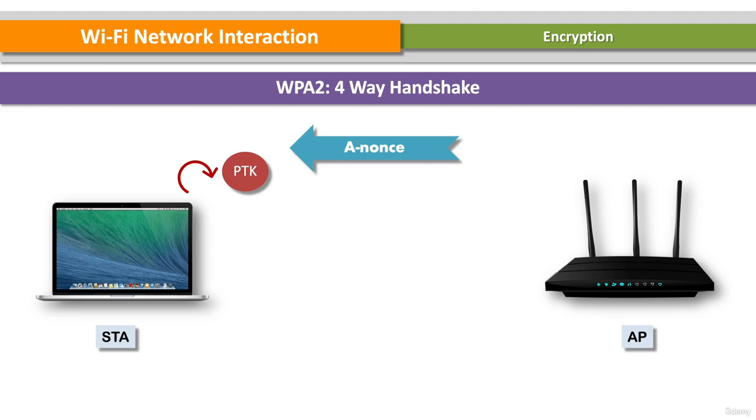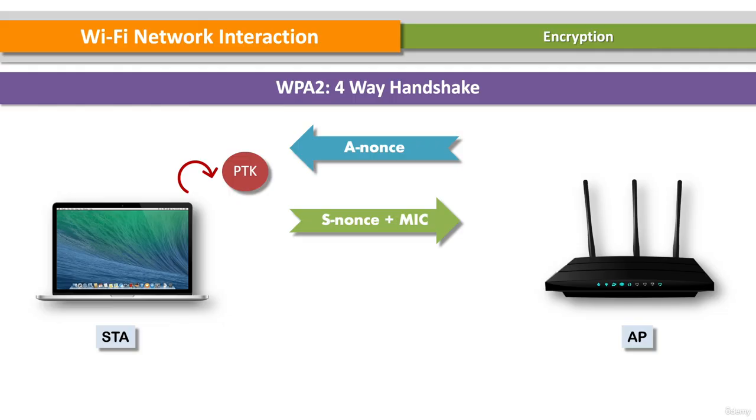So once the device has created its PTK, it sends out the S nonce, which is needed by the access point to generate the PTK, as well as the MIC, which is the message integrity check, to make sure that the access point can verify whether the message is corrupted or modified.